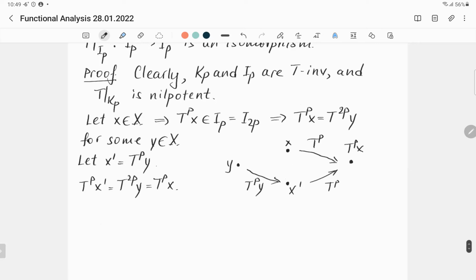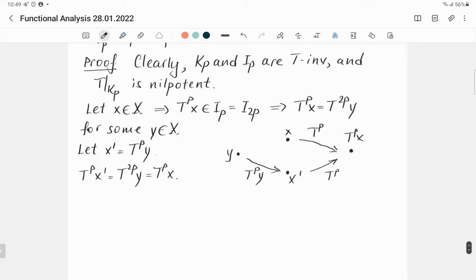If we now look at the difference x minus x prime, we conclude that this element sits in Kp. x minus x prime belongs to Kp. And so we can now write our original element x as the sum x minus x prime plus x prime.